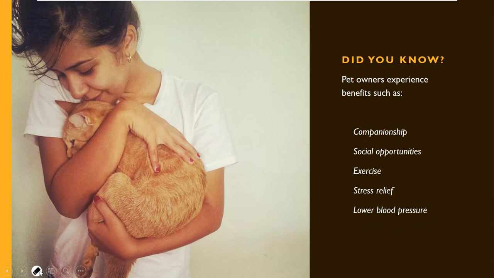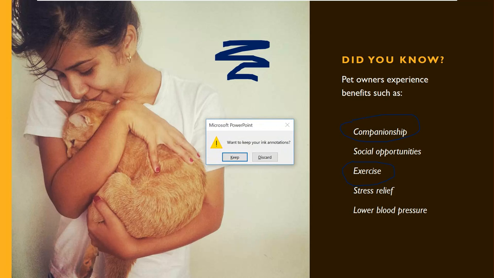Now if you don't erase it, like if I don't erase these things I create, and then I close my presentation, stop, it gives me this option here, whether you want to keep it or you want to discard it.